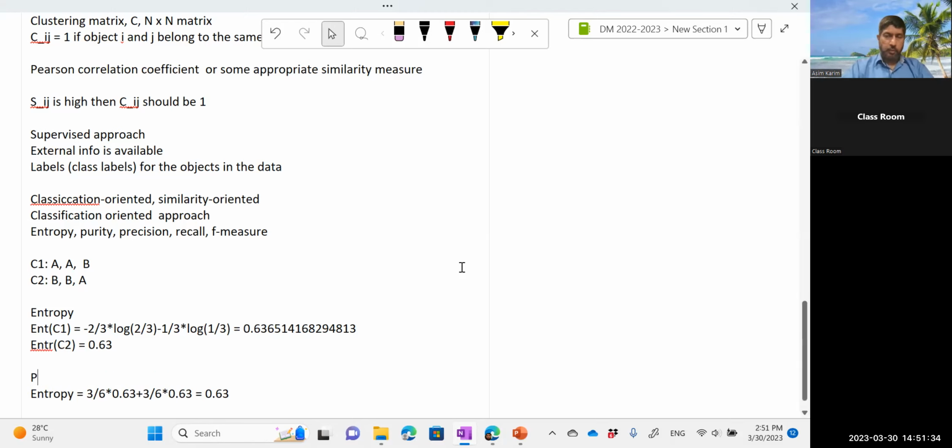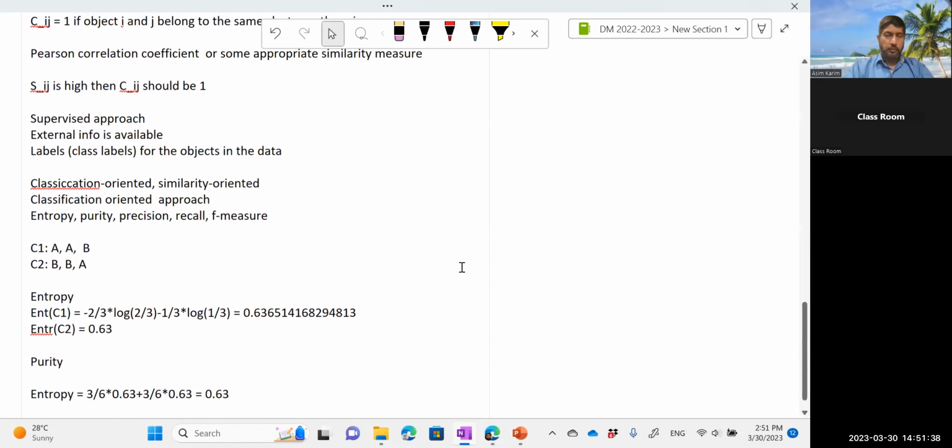Okay, so next is purity. Purity of a cluster C1, let's say, is basically the maximum fraction of objects.